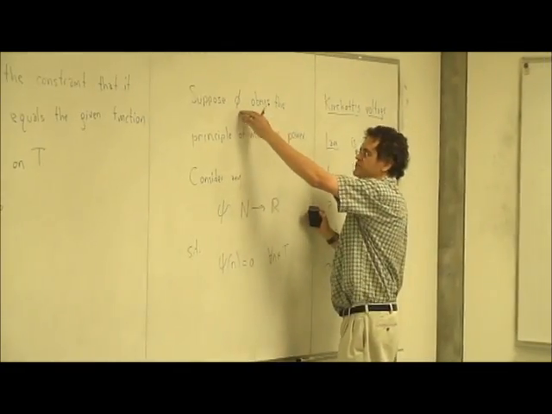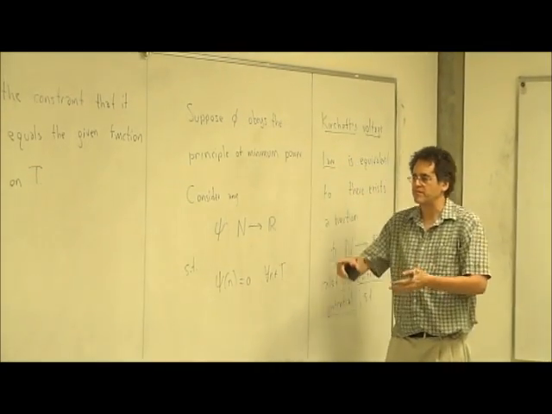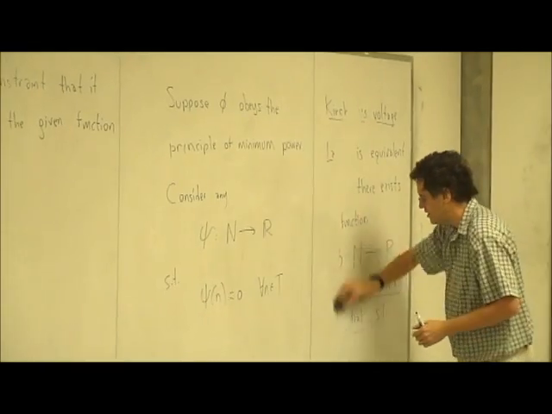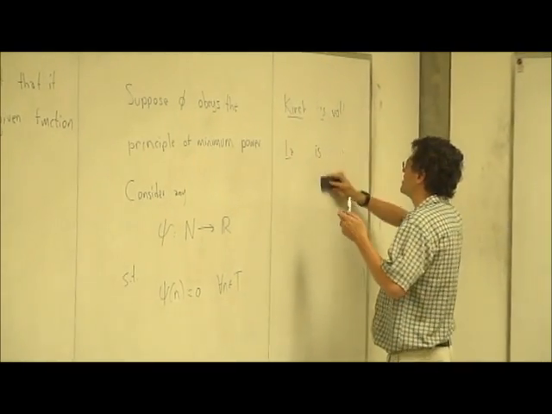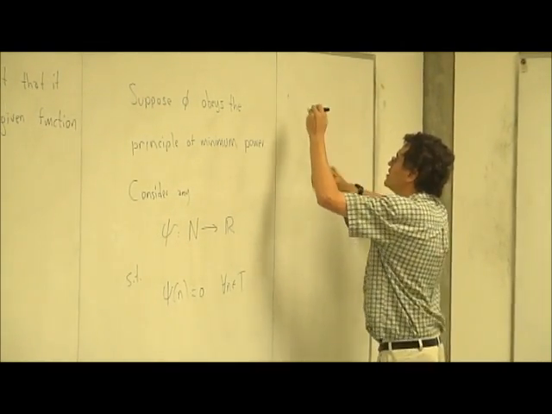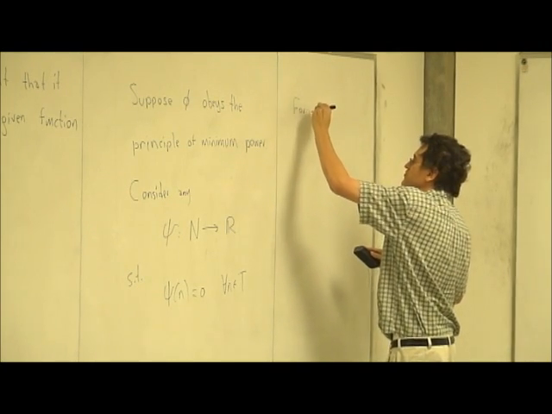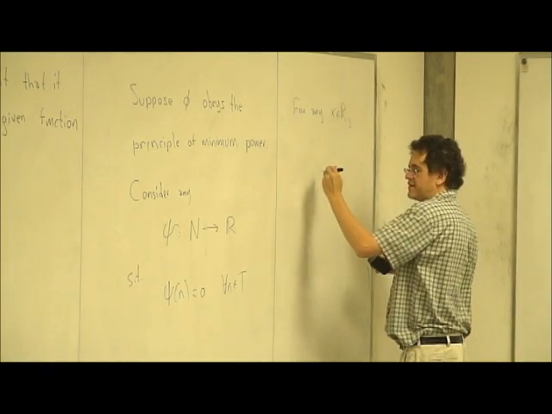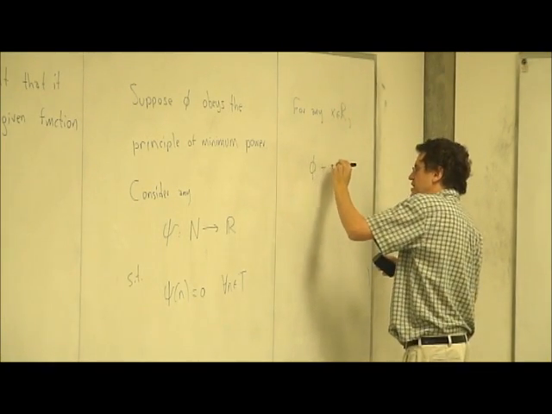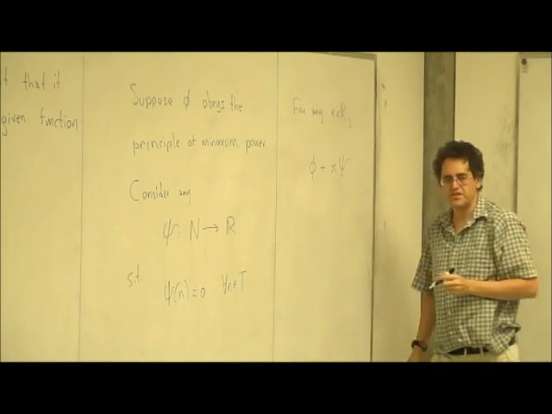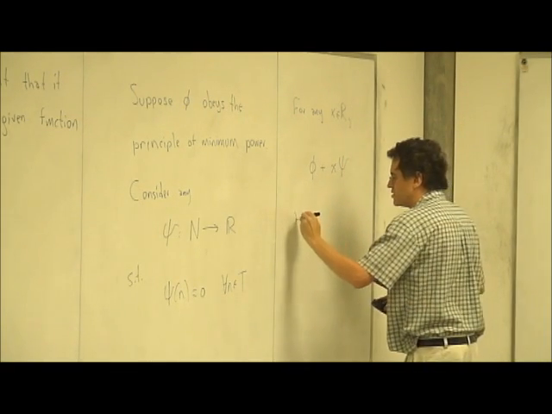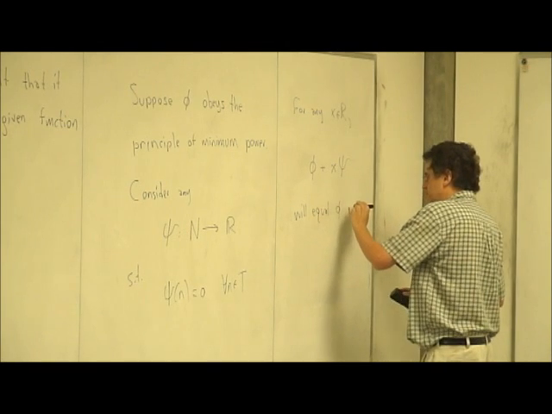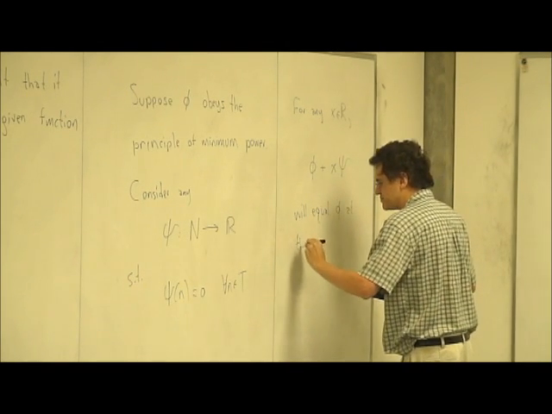But we don't want to change phi at all at the terminals because our constraint says we've fixed what phi is at the terminals. So in other words, we could take any number x, and then we could take phi plus x times c, and that will equal phi at the terminals.